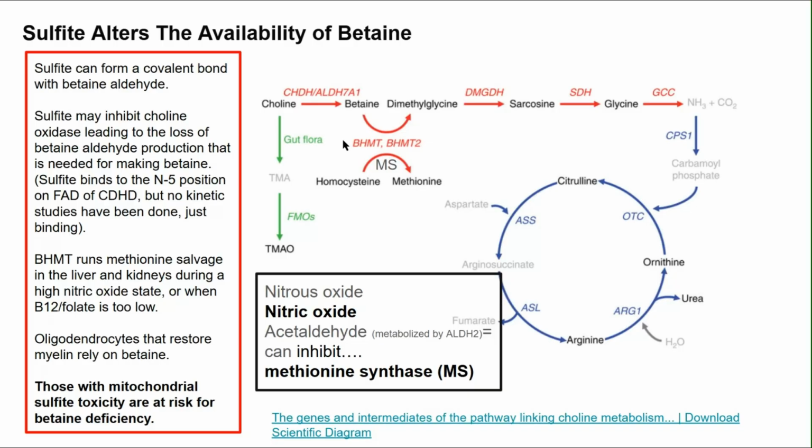Okay, so it can alter the availability of betaine, and betaine is super important because it runs methionine salvage, where you convert homocysteine to methionine when there's not enough B12 or 5-methylfolate to be able to work that reaction in the liver and the kidneys, and also in a small portion of the brain, specifically oligodendrocytes will use betaine.